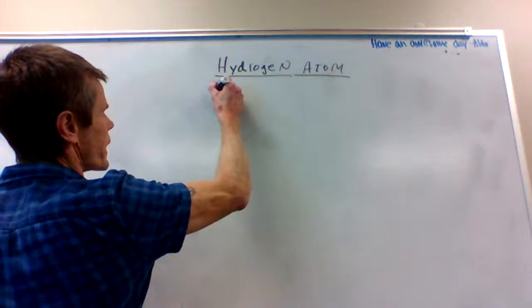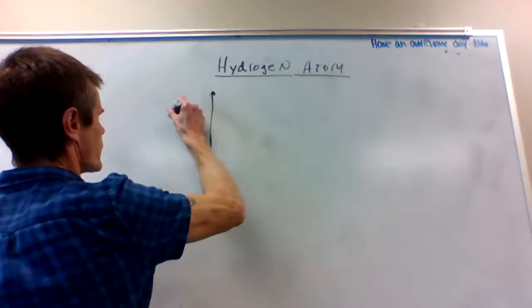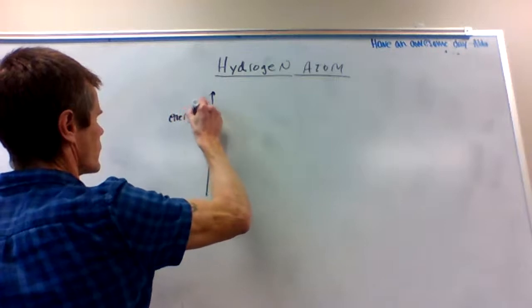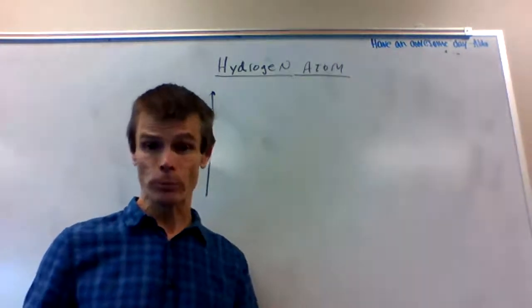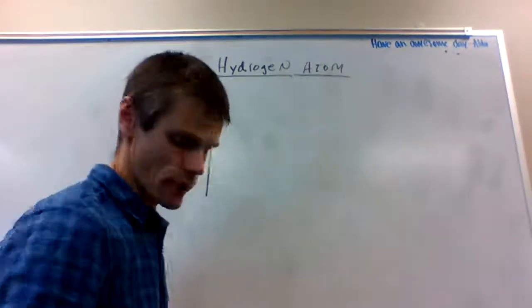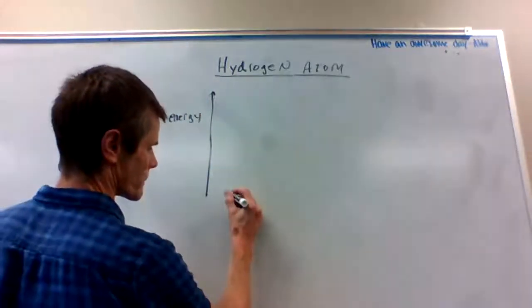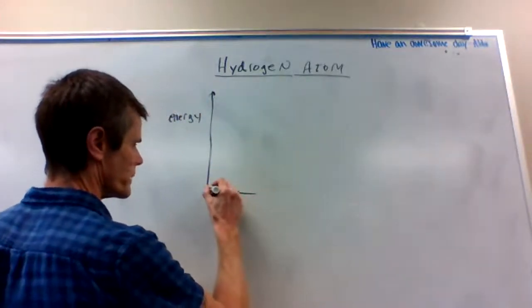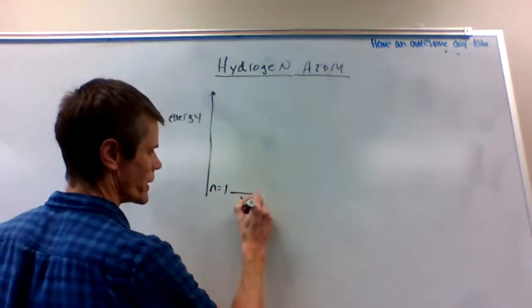So an energy level diagram. We have energy on this side. And then we're going to show our energy levels, the principal quantum numbers, and the sublevels that are associated with them. So when we think about hydrogen, this would be n is 1. When n is equal to 1, we only have a single s orbital.